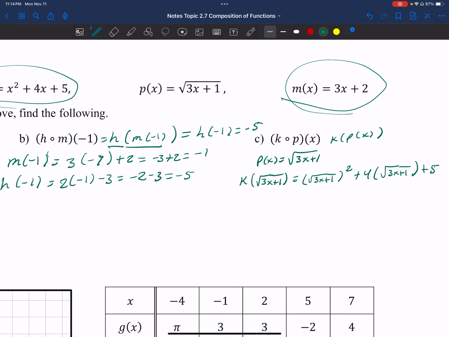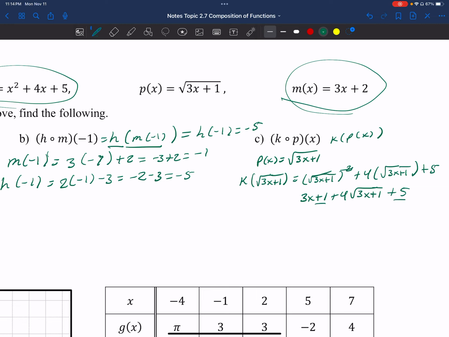When I square this, the square root will cancel out. So that will give me 3x plus 1 from that. This one, I'm multiplying, so I can just leave it as 4 times the square root of 3x plus 1. Again, these are together, I can't separate them. And then plus 5 on the outside.